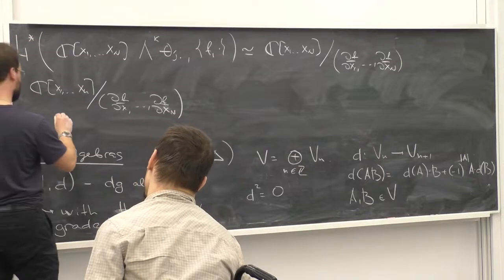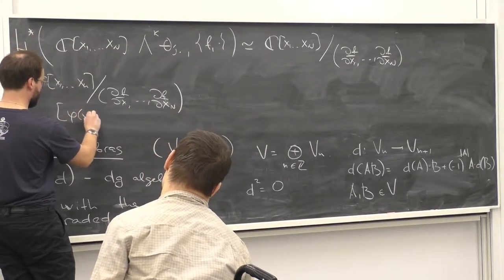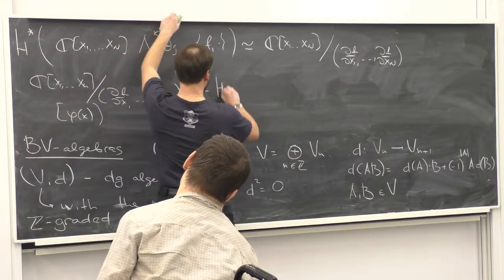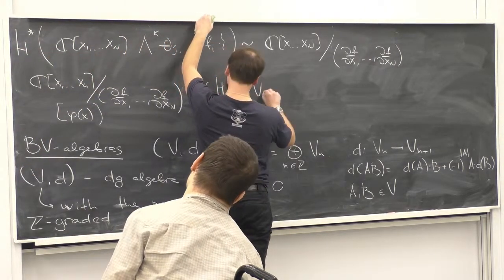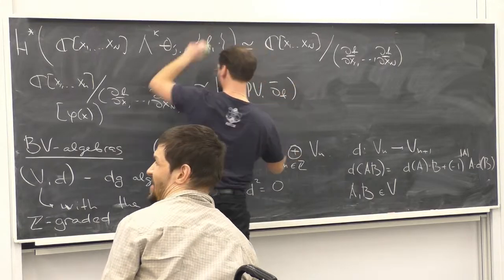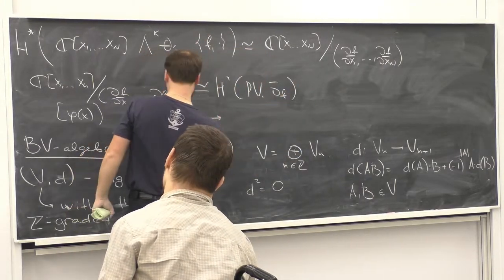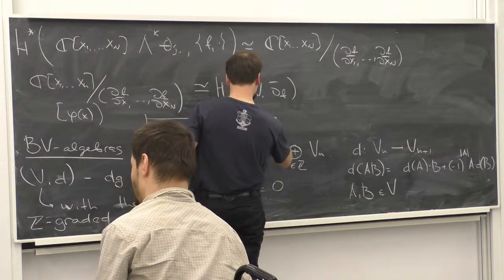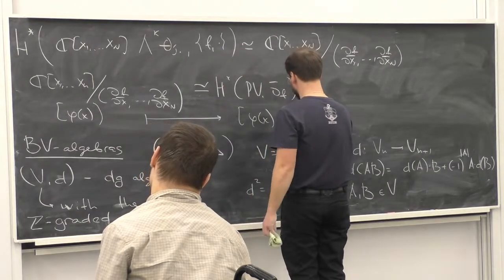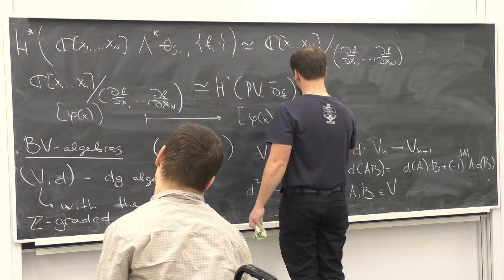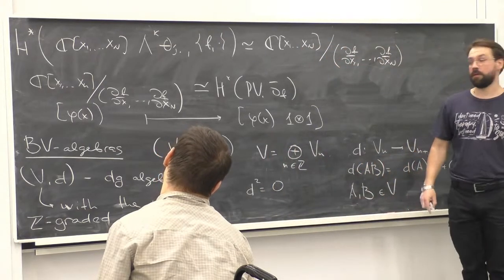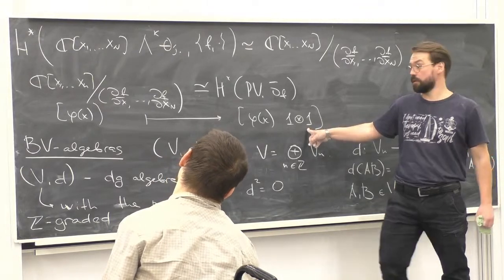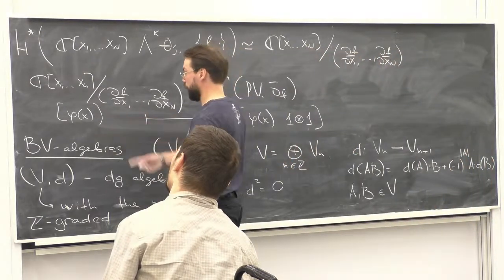The class in here, that is a class of some polynomial in x, is sent to that cohomology of full PV with d bar f, to an element phi of x, and here I have 1, meaning zero hatch here and zero hatch here.